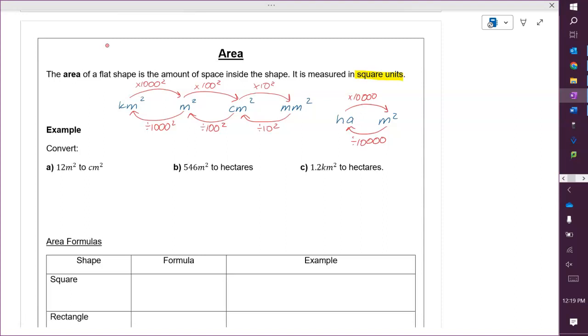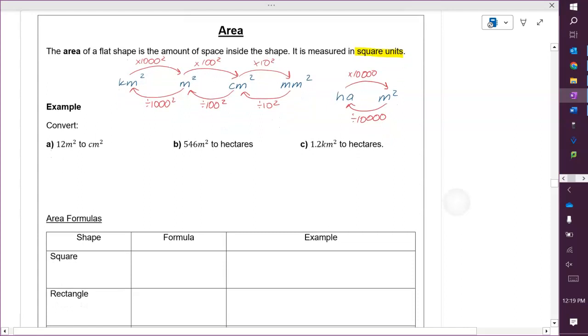Then we've got this extra conversion here. So going from hectares to metres squared. So there's 10,000 metres squared in a hectare. So we've got that there as well. So if we look at the example, we've got 12 metres squared to centimetres squared. So 12 metres squared, and I'm converting it to centimetres, so I have to times by 100 squared.